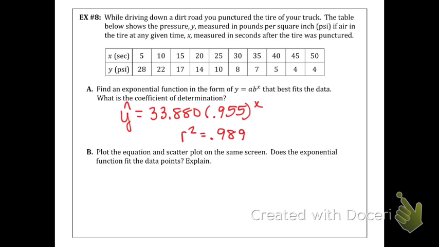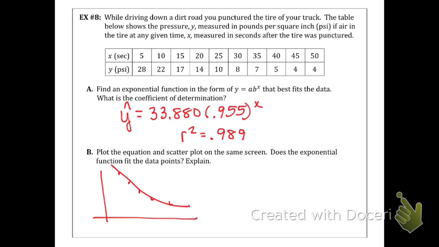All right, B wants us to plot the equation and the scatter plot on the same screen. Does the exponential function fit the data points, and explain? So when I graph this, here's my data points, and here's my equation. It is pretty much on it, right? So it says, does the exponential function fit the data points?